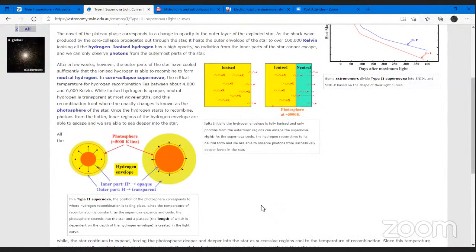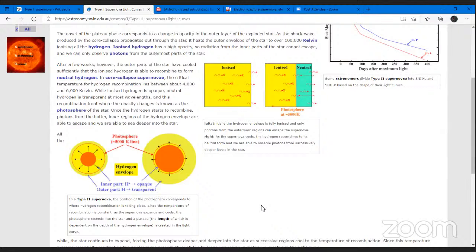In type 2 supernovae, after this process, we all know this outer layer will keep on expanding, so that later on it will be forming a nebula. This expansion of the outer layer, that is the photosphere, actually sucks the photosphere inwards, so that the luminosity starts decreasing.